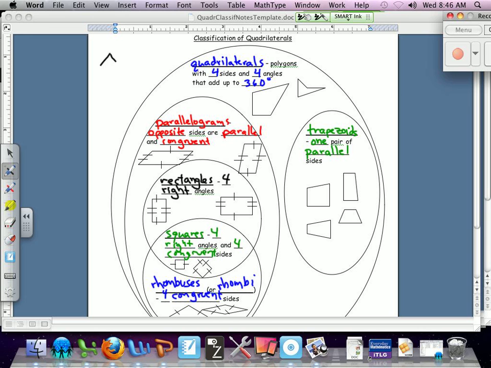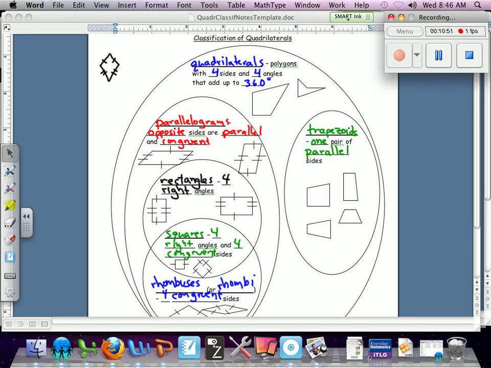But the thing about a kite is the adjacent sides are congruent, and then the other adjacent sides are congruent. And I think there might be something about the diagonals too. I'll have to look it up before we need it. I think it's in tomorrow's journal work. So a kite, we'll have to get a little more detail on what specifically is a kite. So that's it for today's notes.